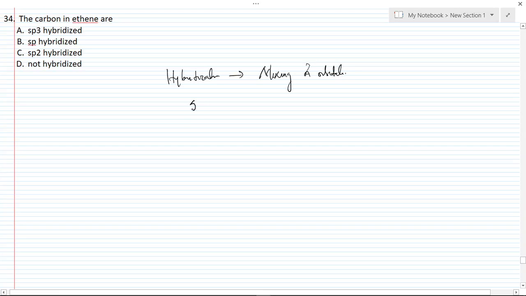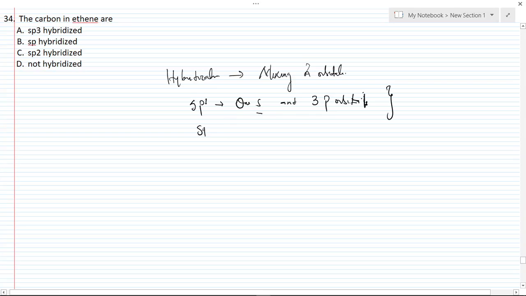So if we have sp3, it means one s orbital and 3 p orbitals. What this pretty much means is whenever elements come together to form bonds, there is mixing of orbitals. So in this case, we have one s and 3p.